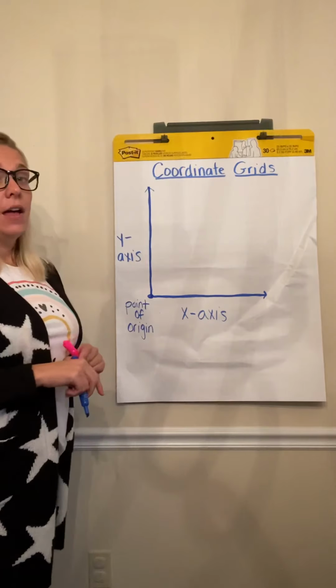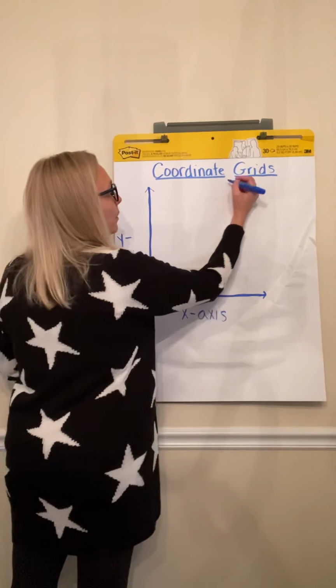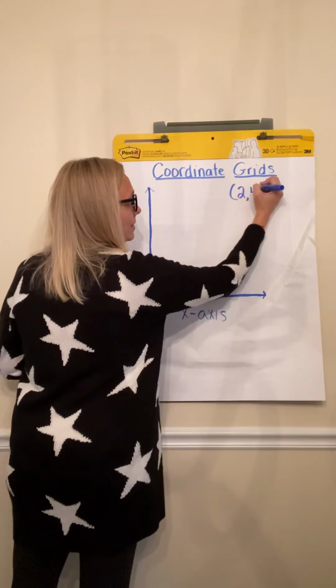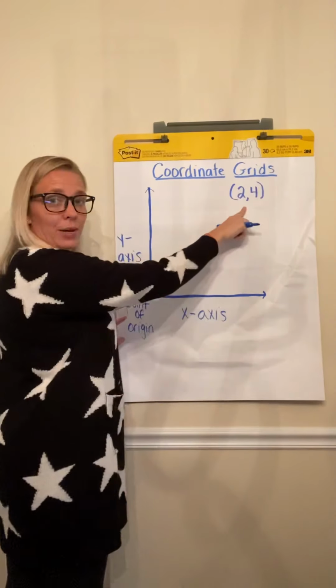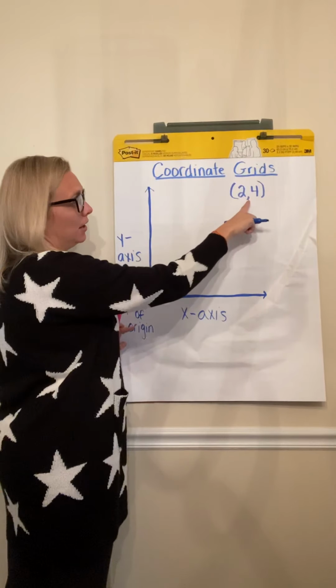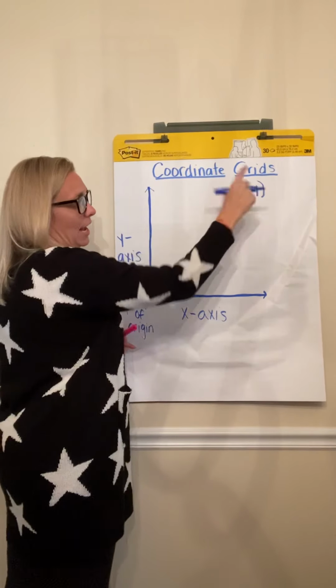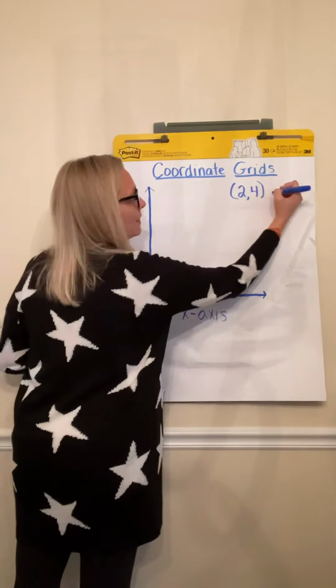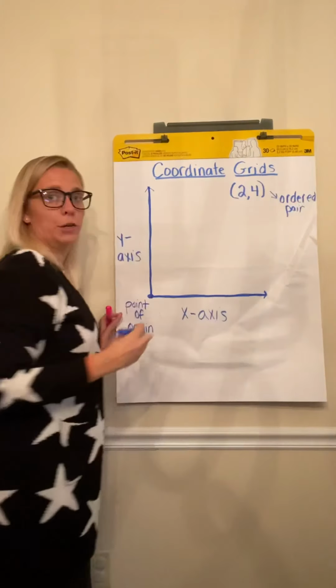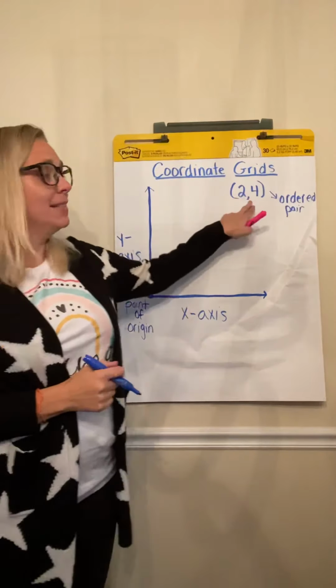Something else that you need to know when we're learning about coordinate grids is that you're going to see numbers that are often written like this: a parenthesis, a digit, a comma, a digit, and another parenthesis, okay? This kind of number, when it's written like this, is actually called an ordered pair. And it makes sense that it's called a pair because they always come in twos.